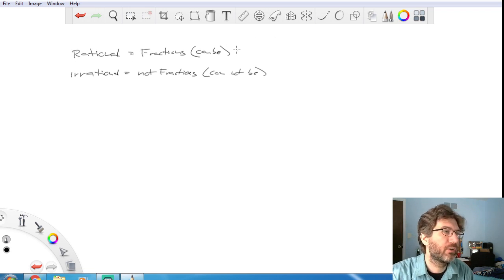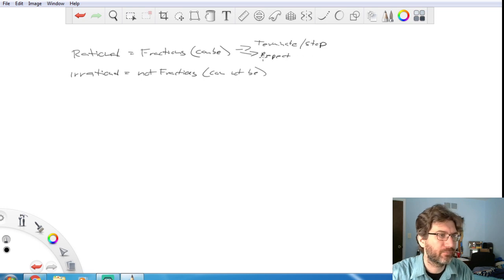Remember, rational numbers will either terminate, which means stop, or they will repeat in a pattern. You can have a repeating form. Irrational numbers do not stop and do not repeat.